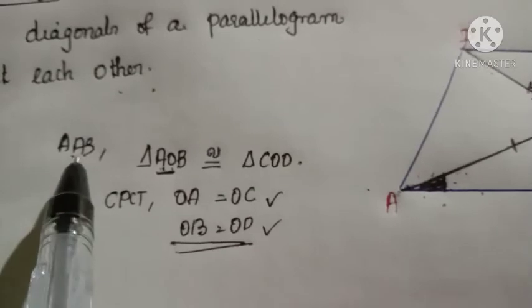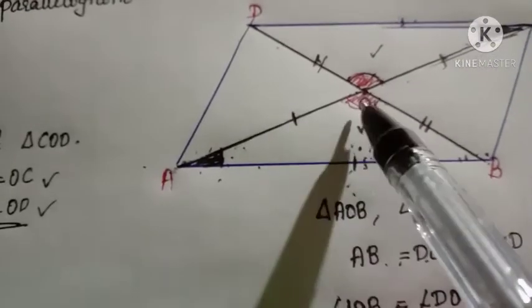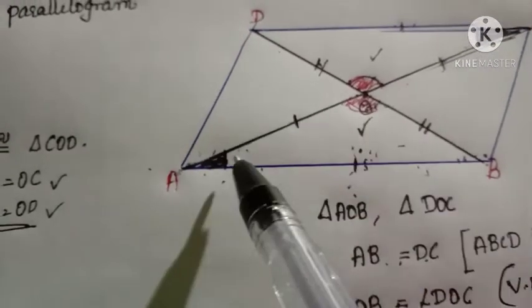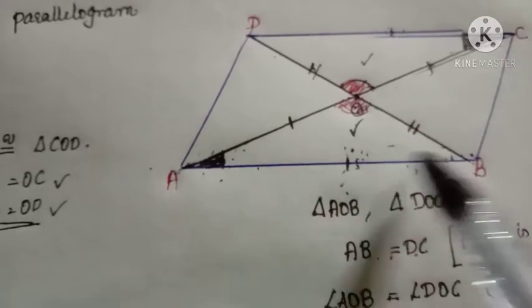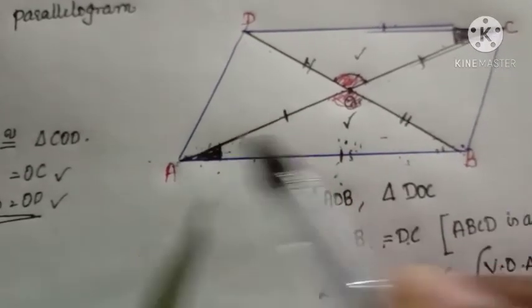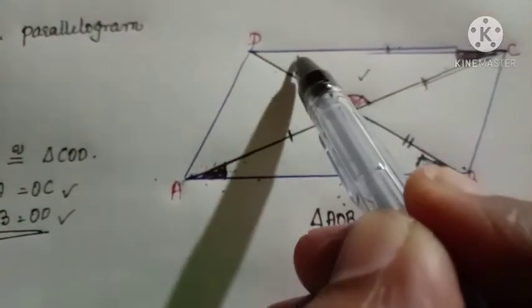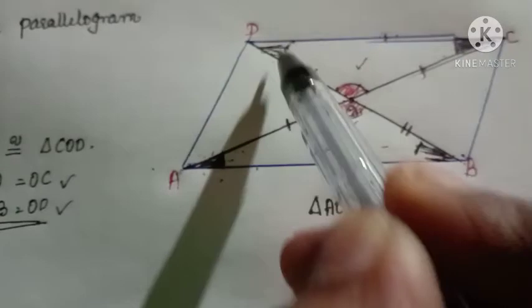Listen, we can consider another congruence rule. If we take, instead of this angle, these two angles, these two are alternate angles, and OBA and ODC, these two are alternate angles.